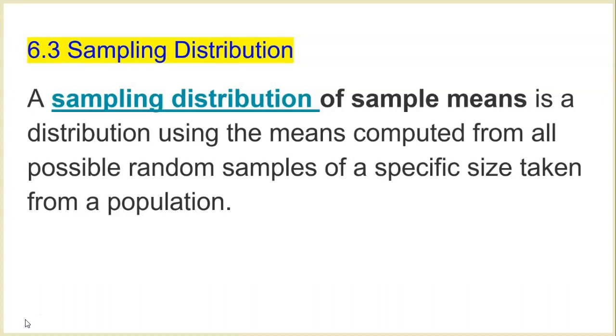So a sampling distribution of sample means is a distribution using the means computed from all possible random samples of a specific size taken from a population.